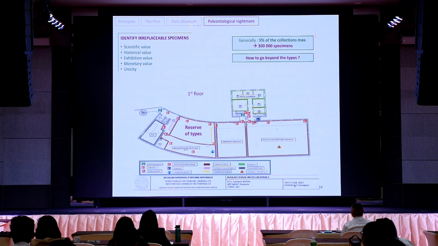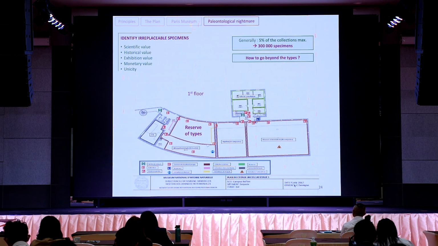And we have to wonder also how to go beyond the notion of types. Because maybe several of you thought, okay, in my collection, if I have to save something, this will be the type specimens, because they are very important for science, for the stability of classification.